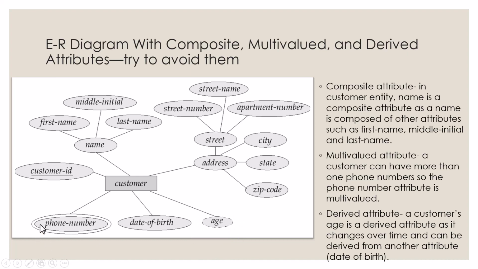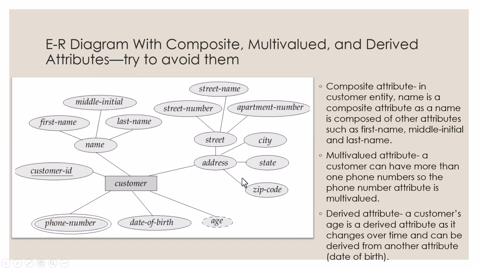Here we have a phone number, and you'll notice that this phone number attribute is in a double oval, not a single. This means that it is a multi-valued attribute because a person could have more than one phone number. They could have their home phone number, their work phone number, maybe even a cell phone. So this one is called multi-valued, and it's going to be a double oval.